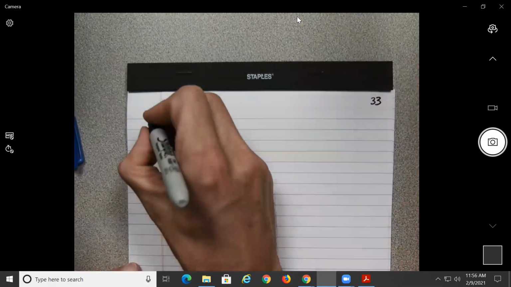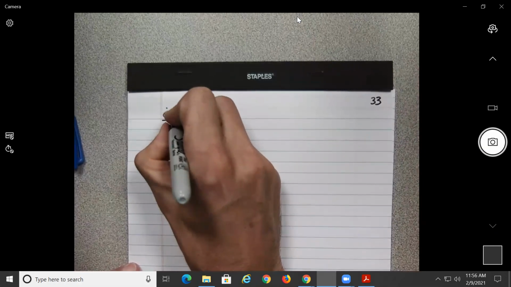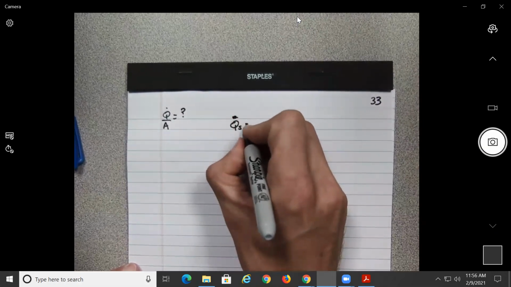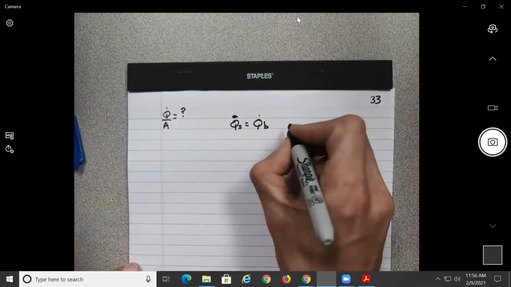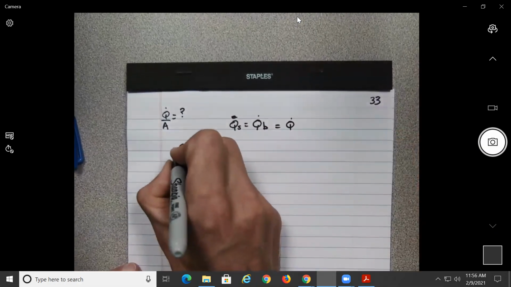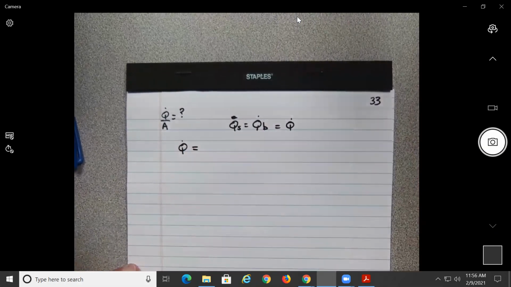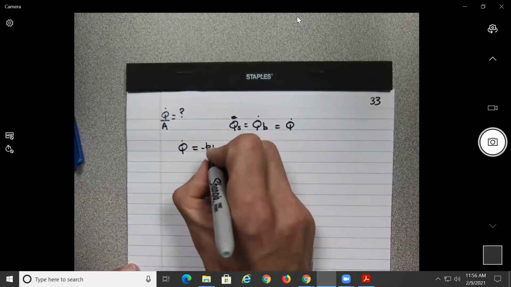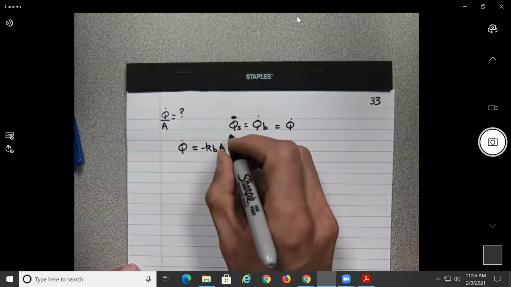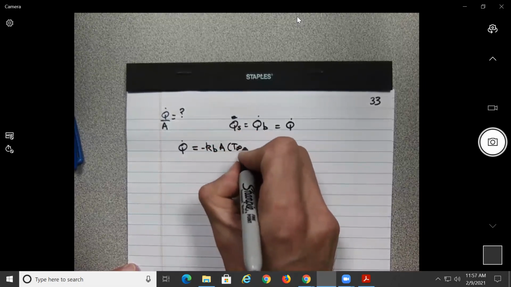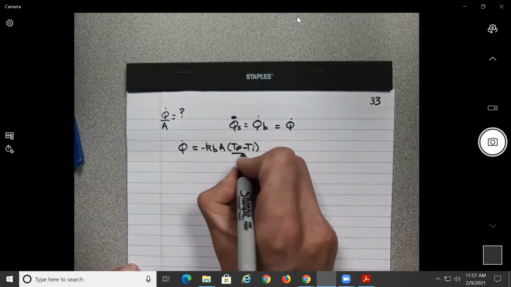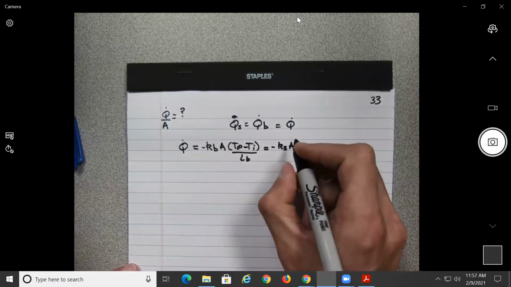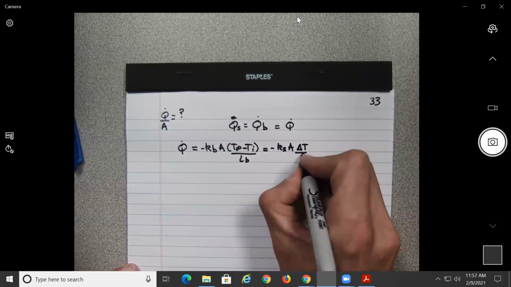All right, to find Q over A, we know that Q sub steel will be equal to Q sub brick, and let's call this the general Q. So Q could be equal to minus K sub brick A, T infinity minus T initial over LB, or this could be equal to minus K sub steel A delta T over L steel.